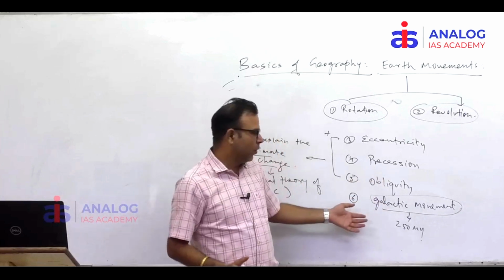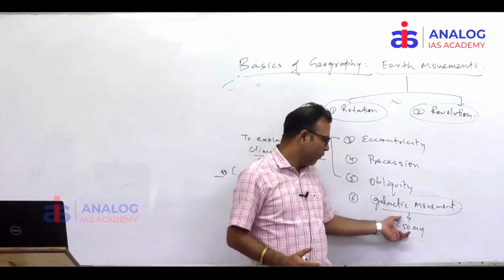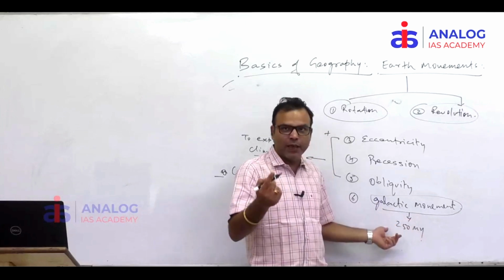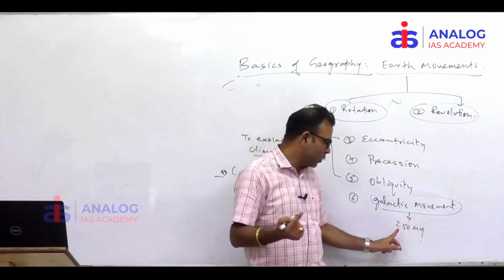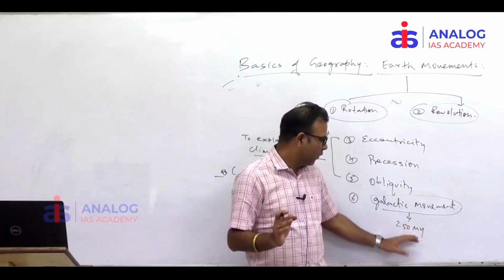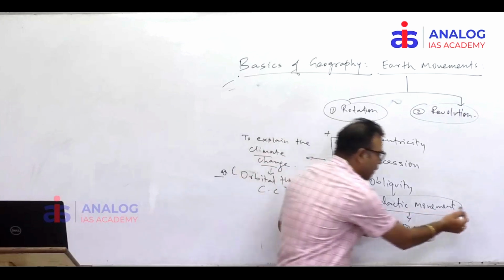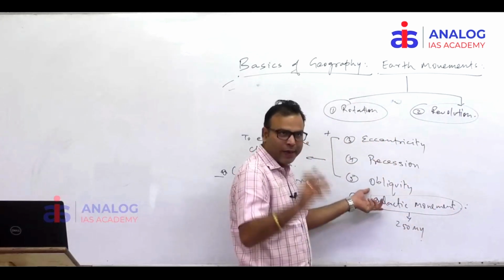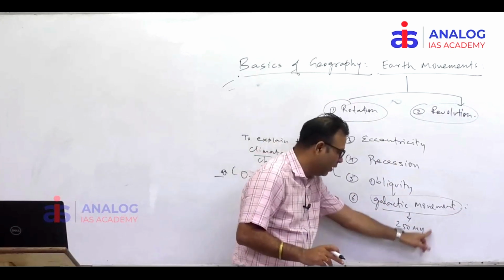It takes around 250 million years. So 1 galactic year is equivalent to 250 million years. That means the solar system revolves around the Milky Way galaxy center within 250 million years.